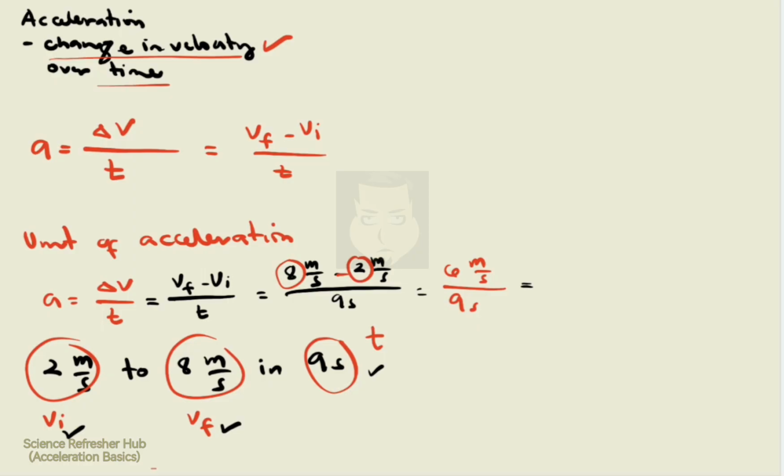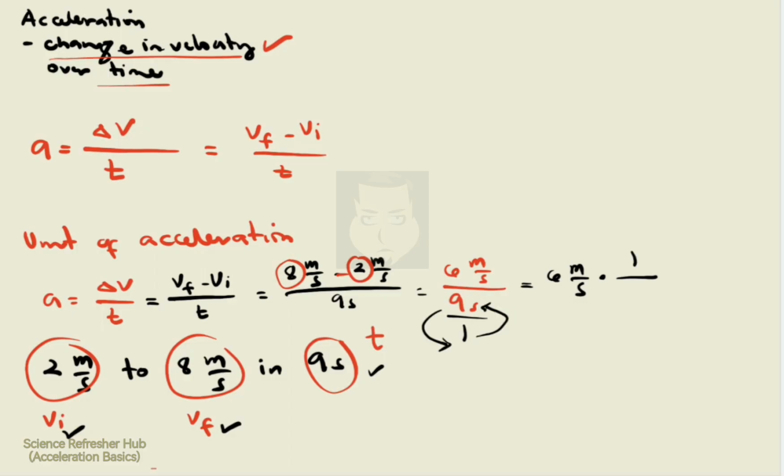So we can write it this way: 6 meter per second divided by 9 seconds. We can make it a multiplication, and let's have the reciprocal of 9. Obviously 9 seconds has 1 over it in the denominator there. So if we get the reciprocal of it, we will just put 1 in the numerator and the 9 in the denominator.